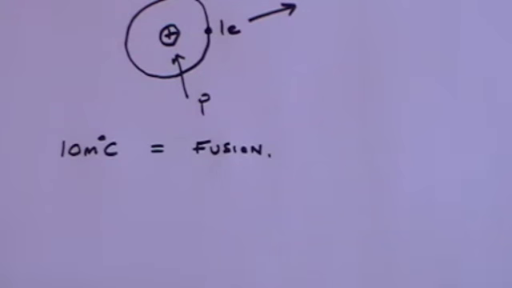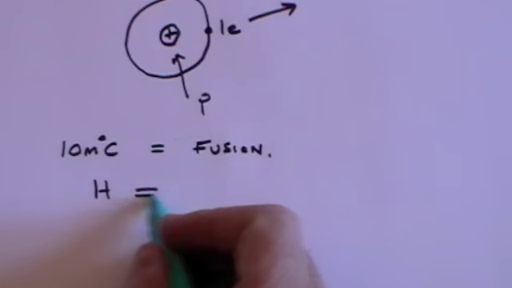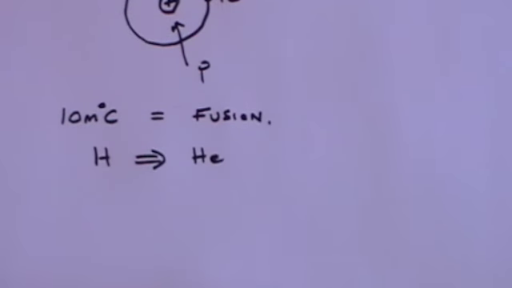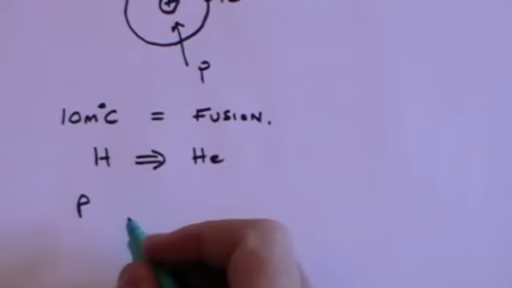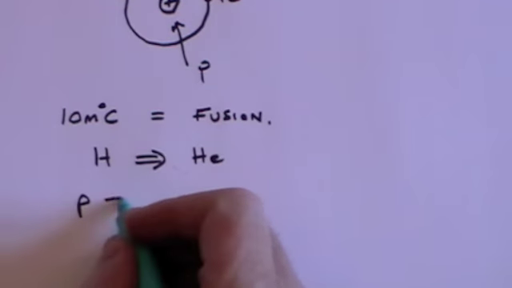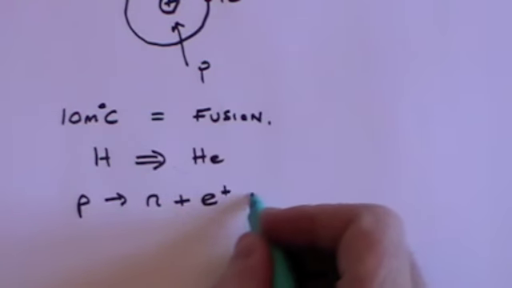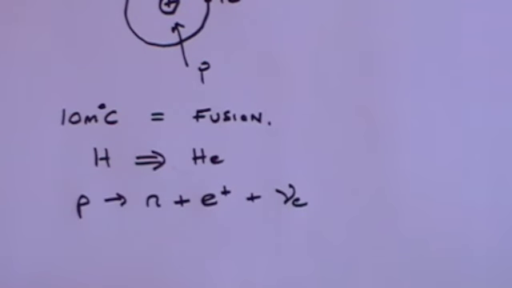In essence, inside a star, hydrogen is being converted into helium. That's all that really happens for the bulk of the star's life. And just a reminder of how that works, a proton in the star is converted into a neutron plus a positron plus a neutrino.